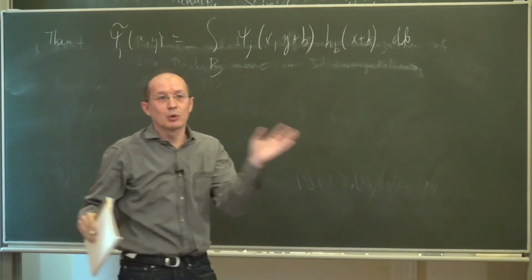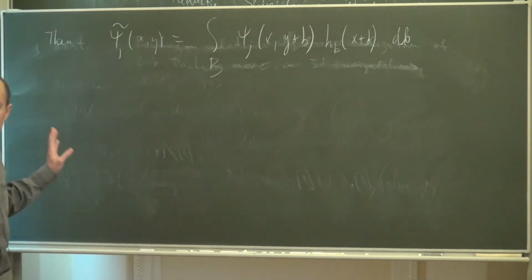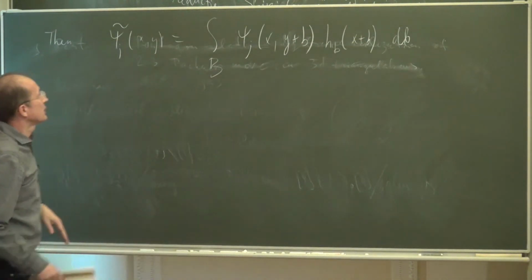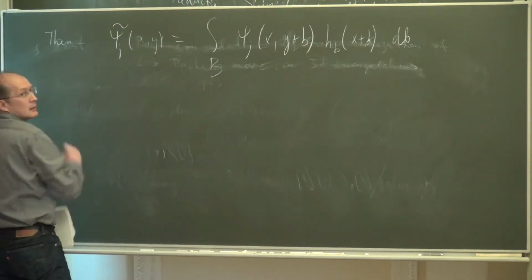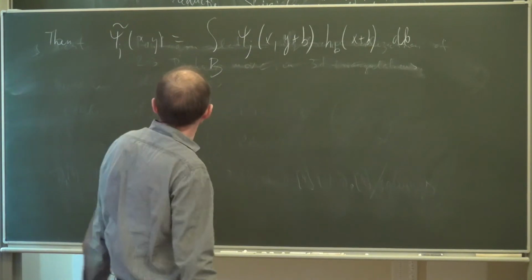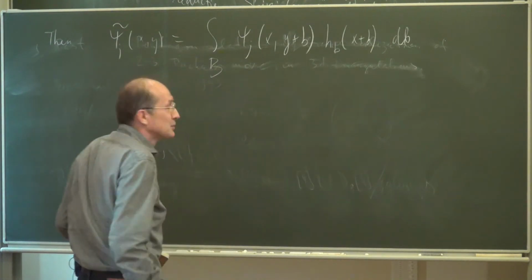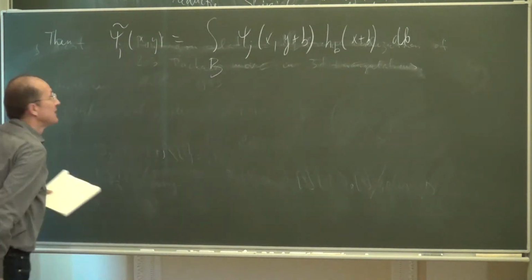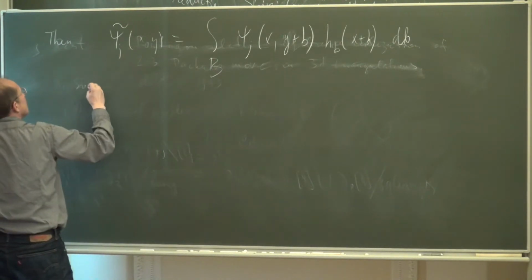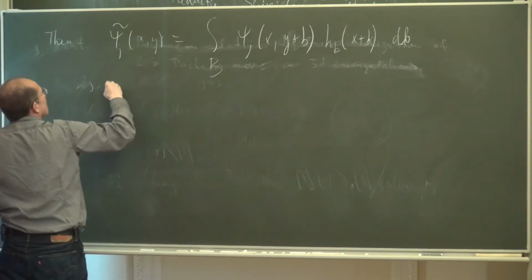B is a subgroup of a locally compact group, so it has its own Haar measure. So I just take this integral. In the case when A is R, what is B? B is typically Z, so it's a sum. Then psi tilde solves the beta pentagon and is automorphic.